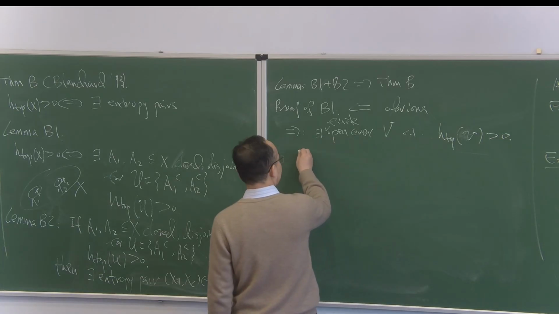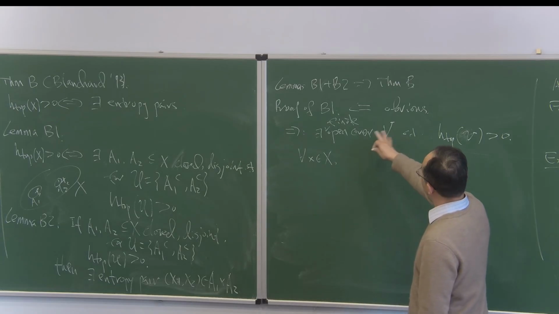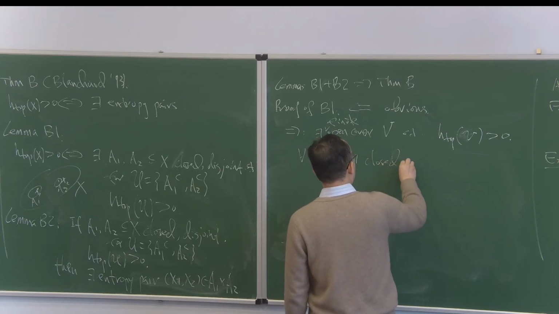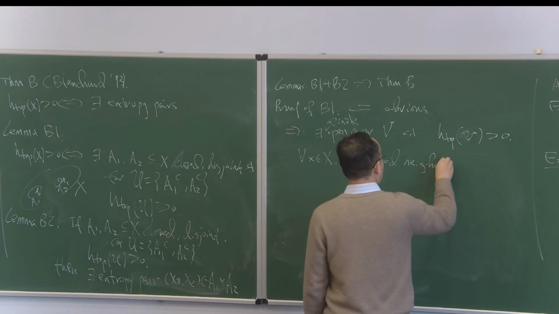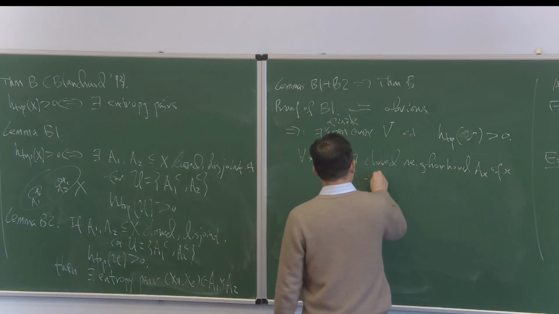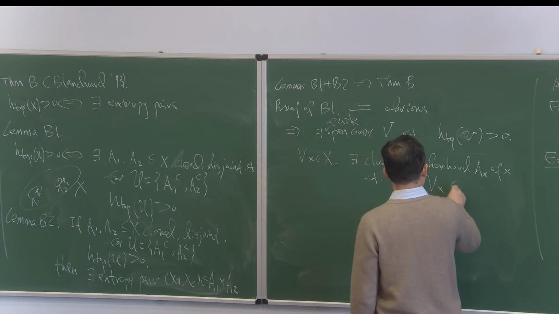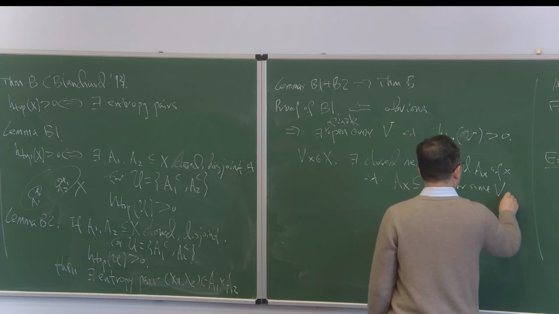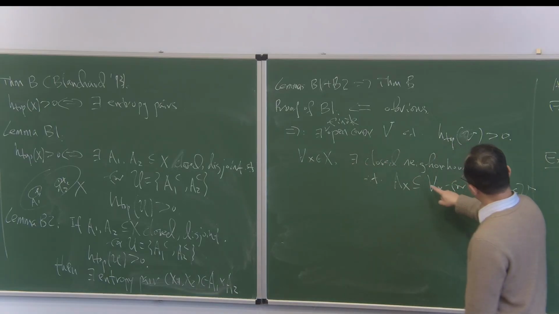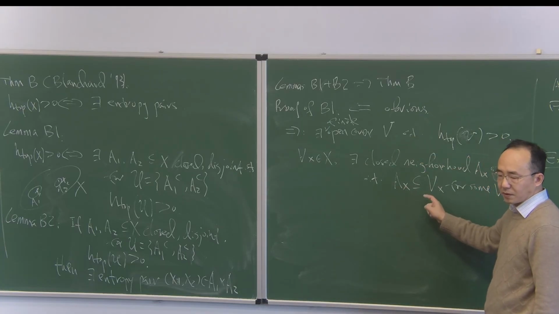What you do is that for an x, because this covers the whole X, there is a closed neighborhood Ax of x such that Ax is contained in Vx for some Vx. So this point is contained in some open set inside of this cover. Then you just take a very small closed neighborhood in there.